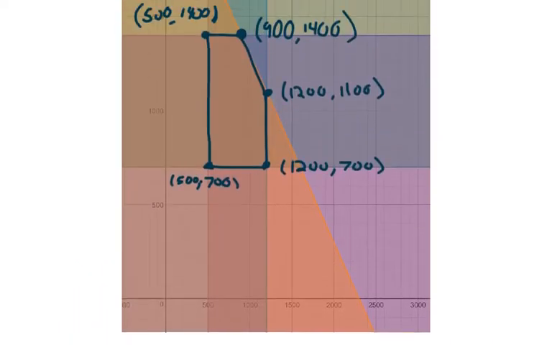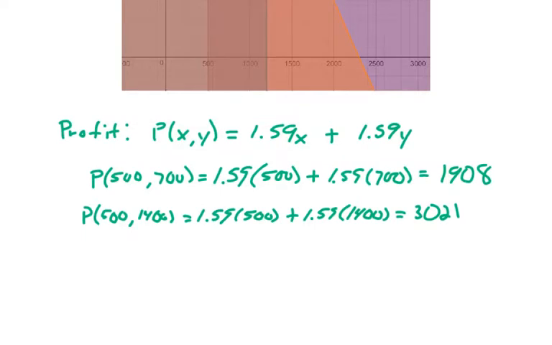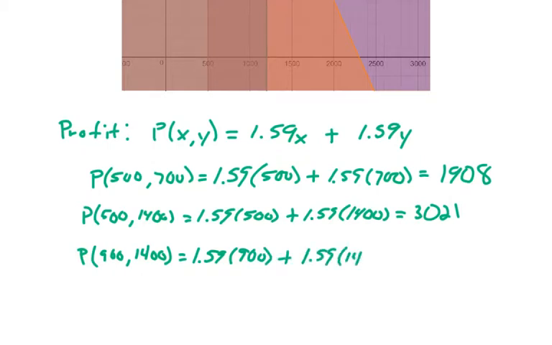Okay, next up would be 900, 1,400. So profit when we produce 900 widgets and 1,400 gadgets, so $1.59 times 900 plus $1.59 times 1,400. And that would be a profit of $3,657.